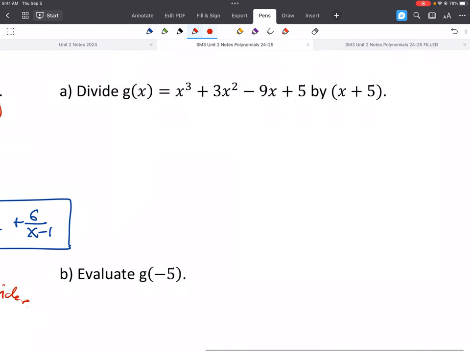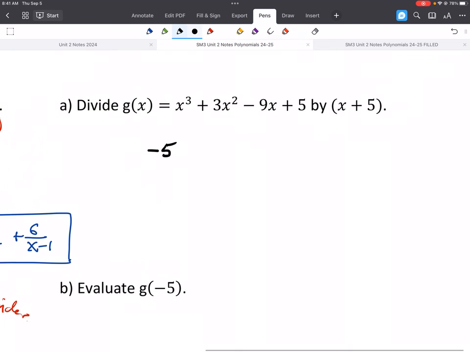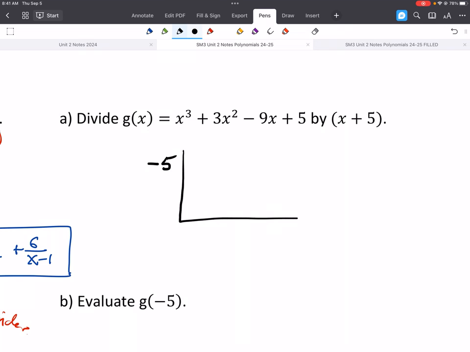Again, we could use synthetic division. Our zero is going to be negative 5. Our coefficients are 1, 3, negative 9, and 5. We'll bring down the 1, and we'll multiply, add, multiply, add, multiply, add.